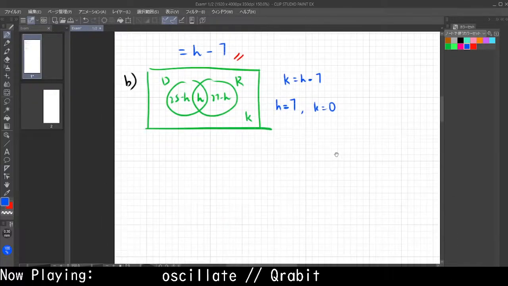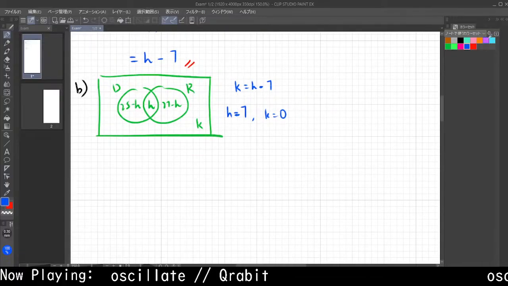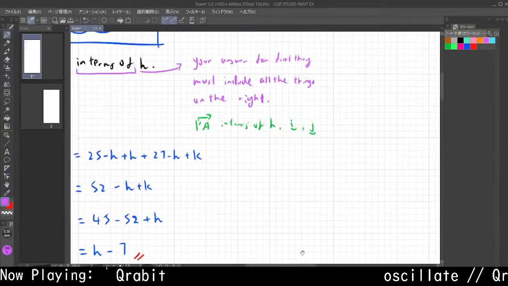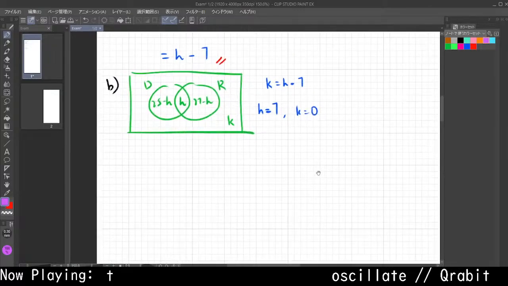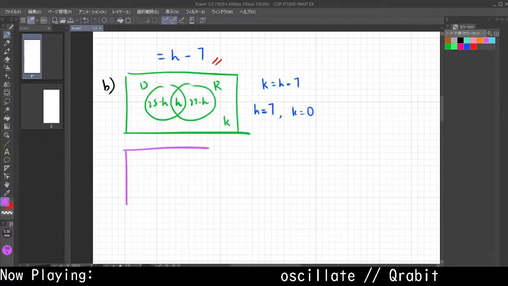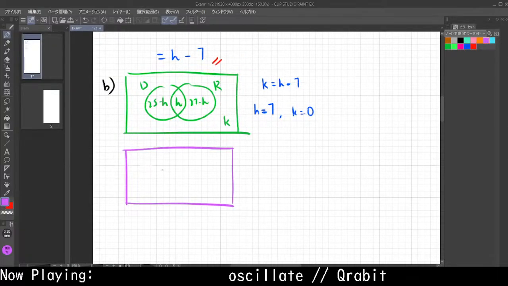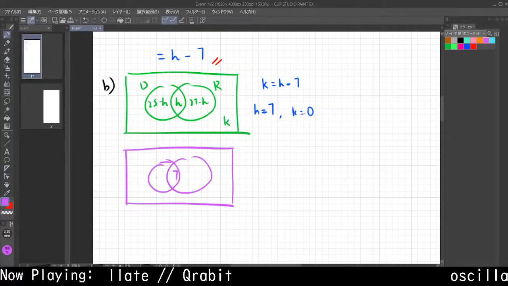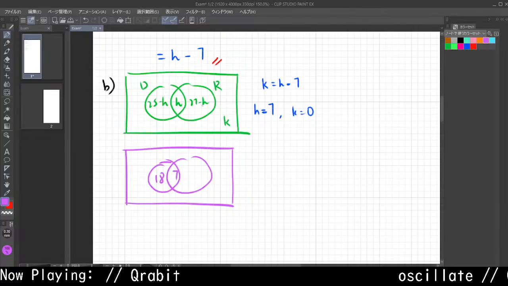So if I draw this situation out, I have enough space for it, I'll just draw it here. I will get my 7 to be in the middle, then my 25 minus 7 will be 18, and then 27 minus 7 I will get 20.